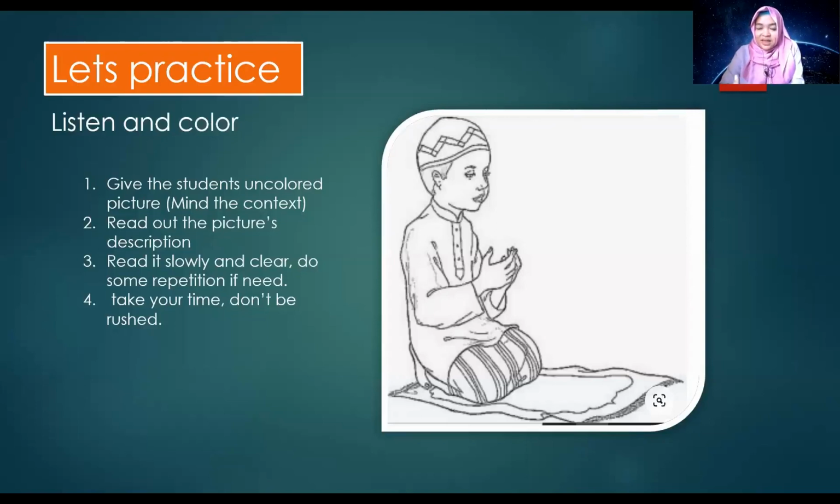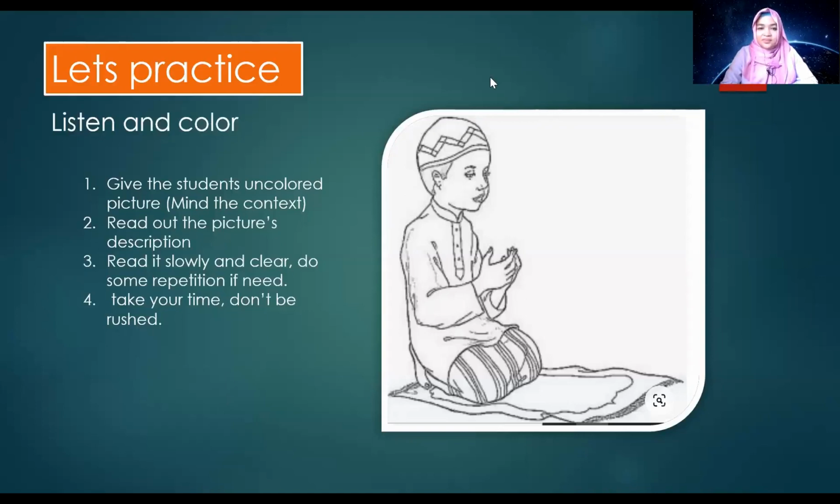Jadi itu informasinya. Jadi informasinya dibaca pelan-pelan. Jadi pertama misalnya, the boy is wearing black and white striped sarong. So stop. Let them color the sarong. When you think they are finished coloring the sarong, then move into the sajada, for example. And you may also use different color, guys.